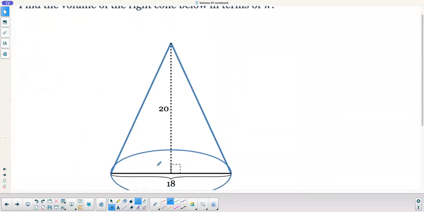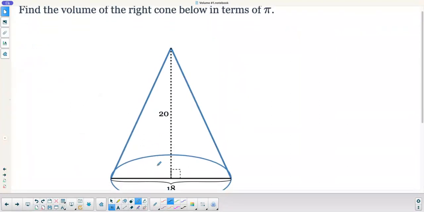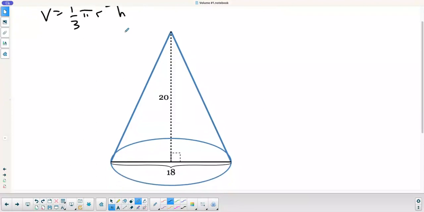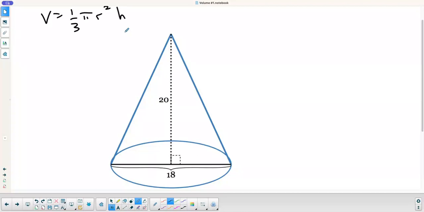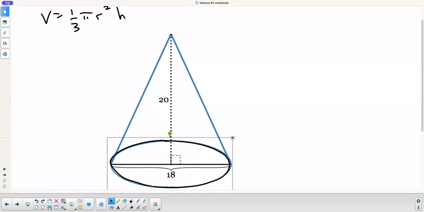All right, volume of a cone. So a cone volume is 1/3 pi r squared times height. And it's kind of like as if this cone, if I were to put this inside a cylinder with the same base. Okay, so picture it looking like this.